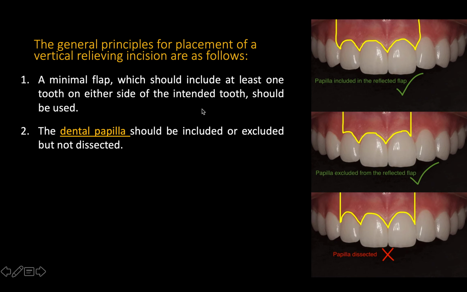Now, the second principle is related to the dental papilla. Dental papillae should be included or excluded in the flap, but not dissected. So we can include the papilla in our flap design, or we can exclude it from the flap, but we should not dissect in the middle of the papilla, because this will lead to loss of the papilla and disruption and distortion of the papilla, especially when we place the suture there.